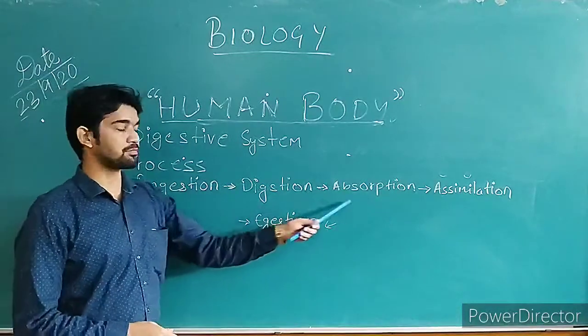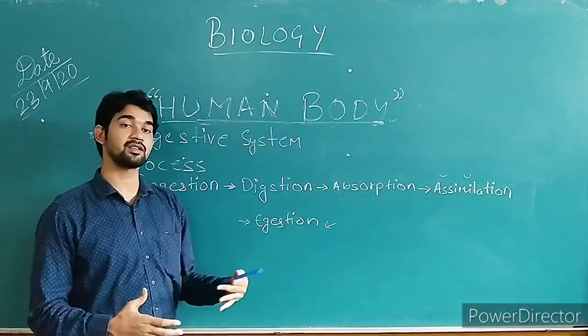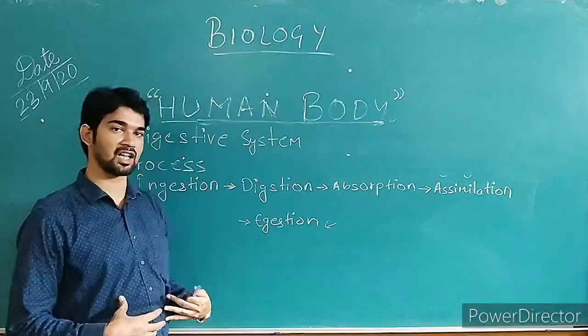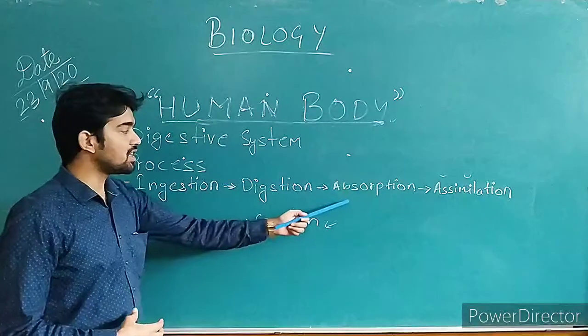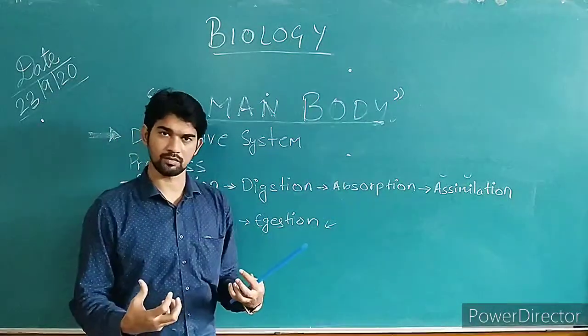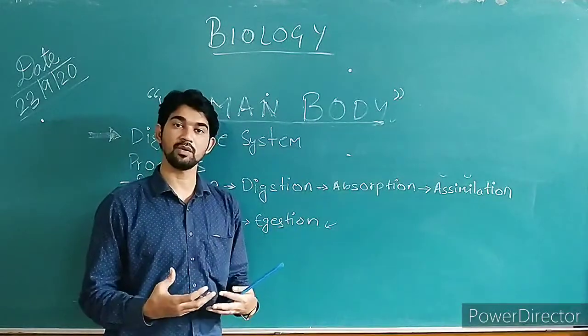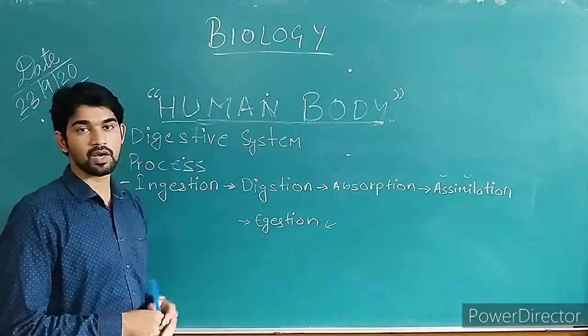And then absorption starts. Absorption takes place in our alimentary canal, the intestines. In absorption, the food which has been broken down, like when you eat an apple, it contains malic acid and other vitamins.